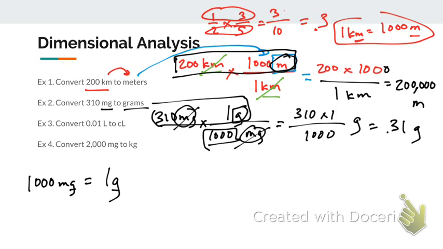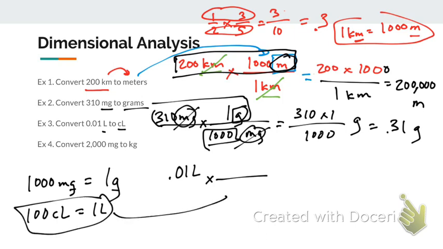Example 3, I have 0.01 liters to centiliters. So my conversion unit, liters to centiliters, liter is my base unit, centi is 100, so 100 centiliters is equal to 1 liter. So in this case, I'm going to use this conversion unit here.